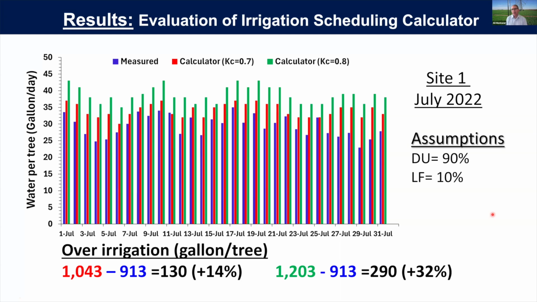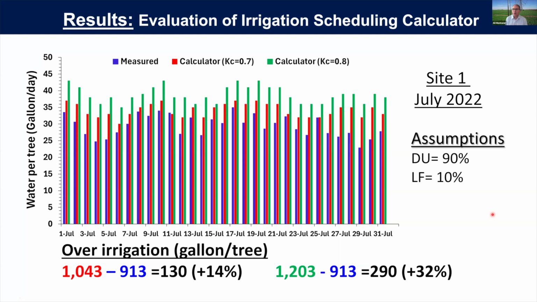If you use these tools and use 0.7 as your crop coefficient, you see about 14% over-irrigating for this orchard. I think that is acceptable, given all the concerns from heat and leaching and everything, and lower water distribution uniformity you have in this field.